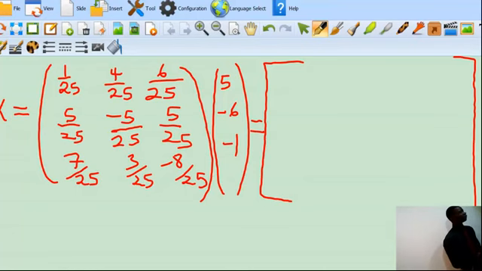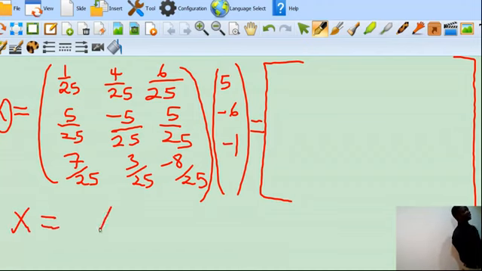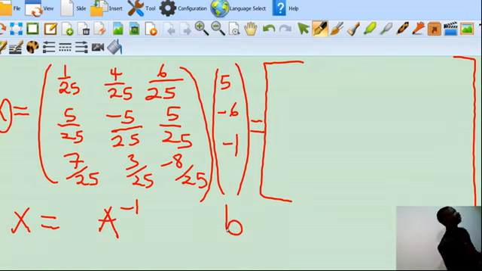Do not forget that this X represents our unknowns, which are X, Y, and Z, and that this represents A inverse and this represents B. Now, how are we going to obtain our unknowns X, Y, and Z? What you need to do is to multiply this inverse matrix by the B vector.